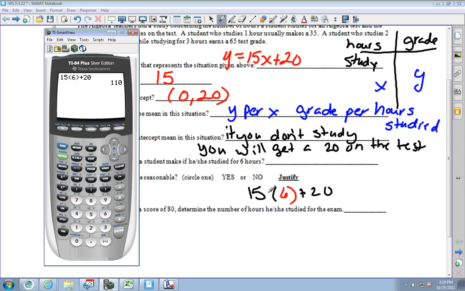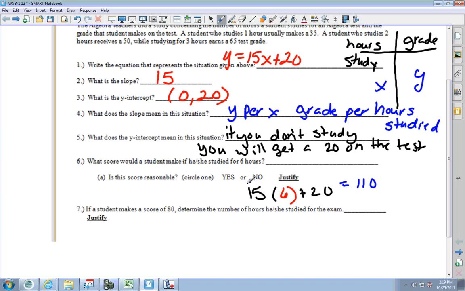It'd be 110. Well, it's not reasonable because tests go up to 100. Now, I mean, I could say, okay, yeah, maybe they had bonus or whatever. So, you know, it just depends on what your reasoning was.